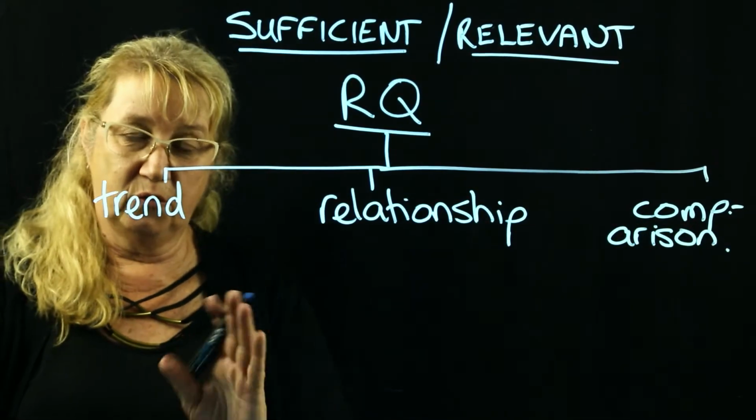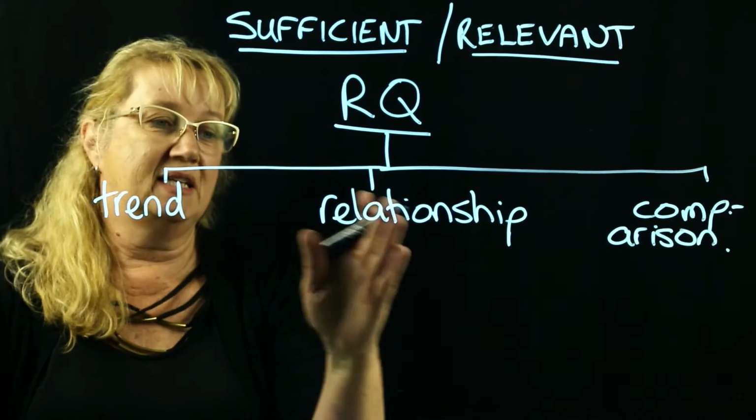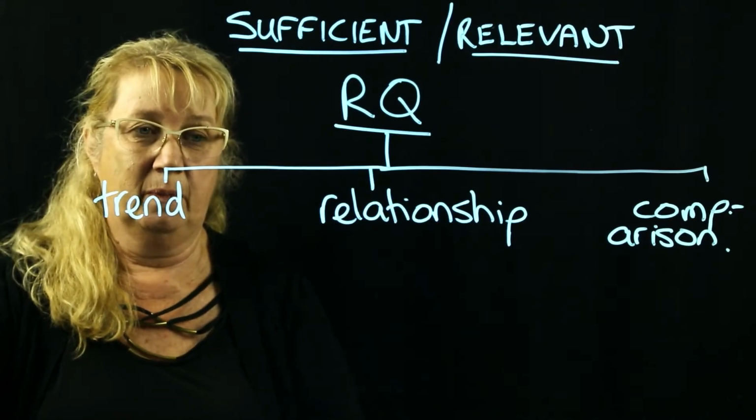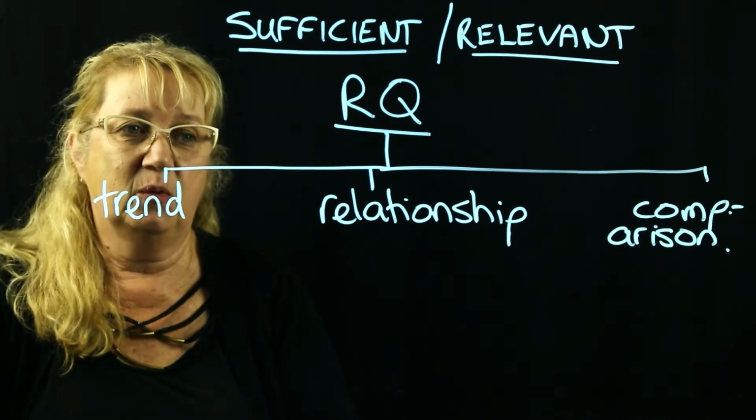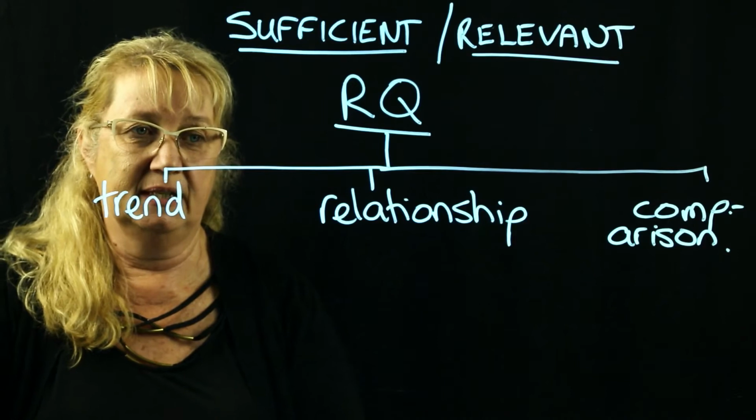Now you might be looking for more than one of these. You might be looking for a trend and a relationship, or a comparison and a relationship. Either way, I'm going to address them separately.